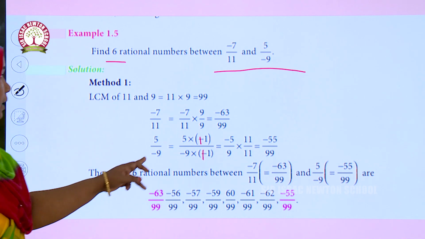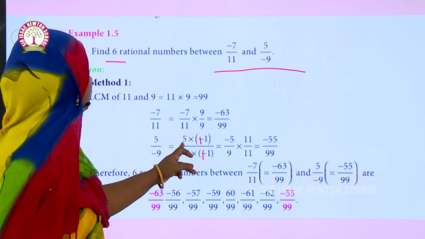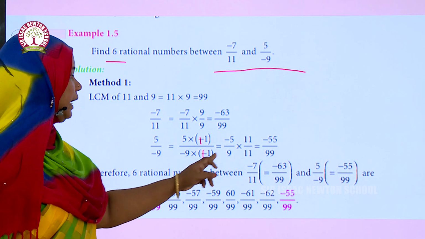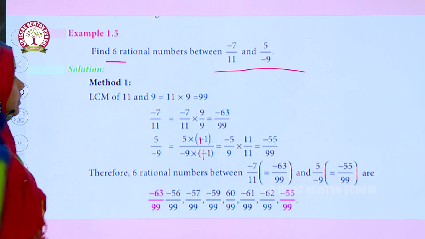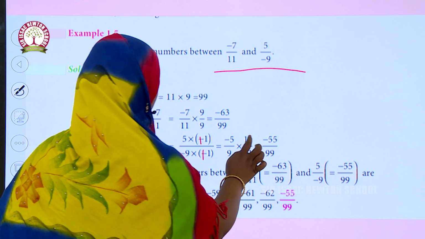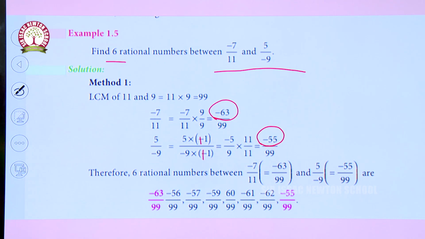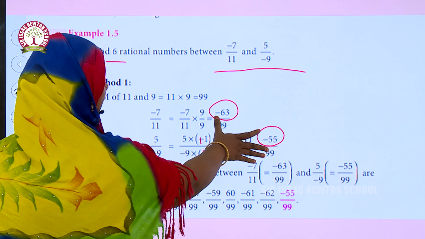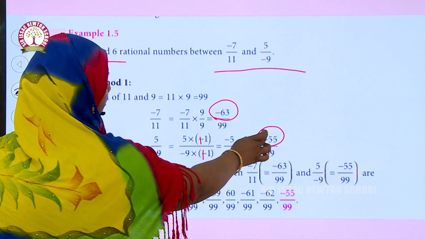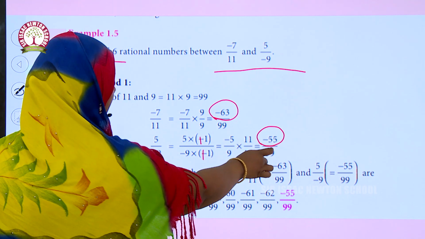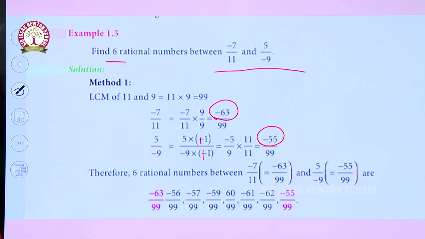So, minus 5 into 11 is minus 55, and 9 into 11 is 99. Here the denominators are equal. Now look at the numerator values, minus 63 and minus 55. Now we can write the rational numbers between minus 55 by 99 and minus 63 by 99.